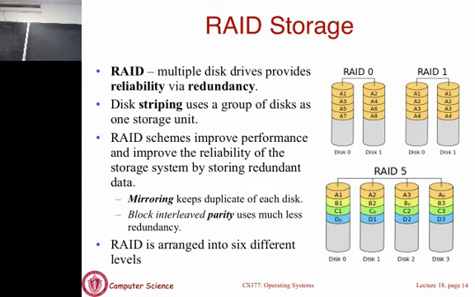And this is going to be repeated for potentially every single other bit. D1, D2, and D3 have some bits, and then the parity is going to store either 0 or 1. Now the basic idea is, let's say that D3 dies. Using these parity bits, we can actually reconstruct what D3 was supposed to have.